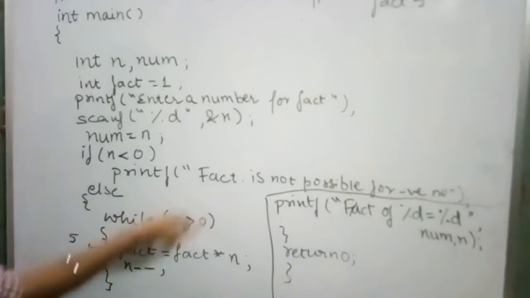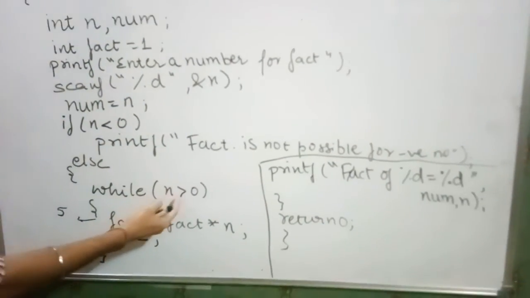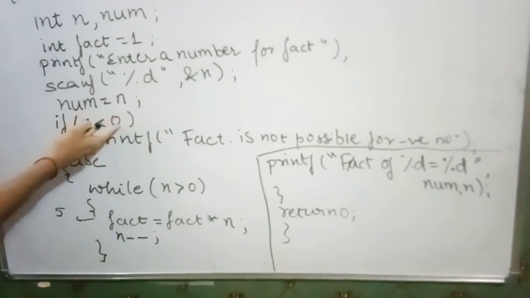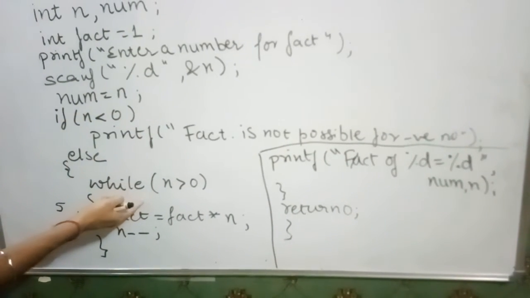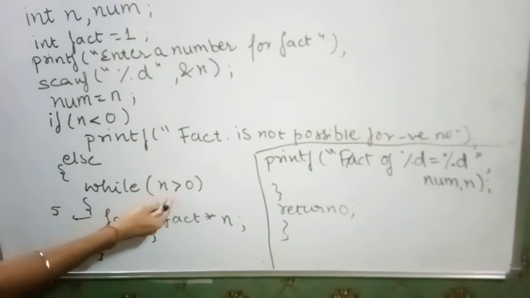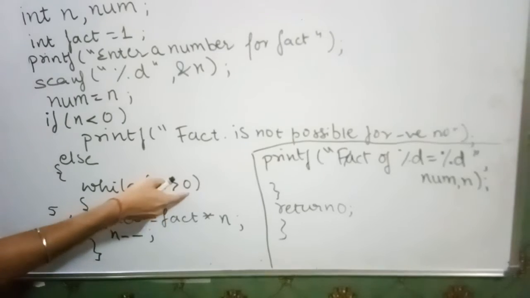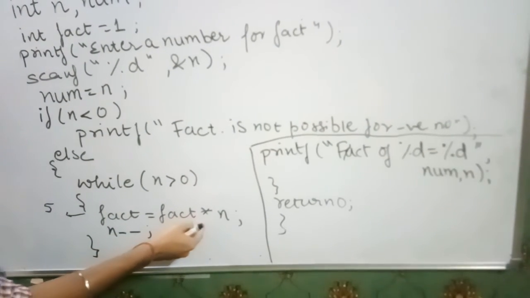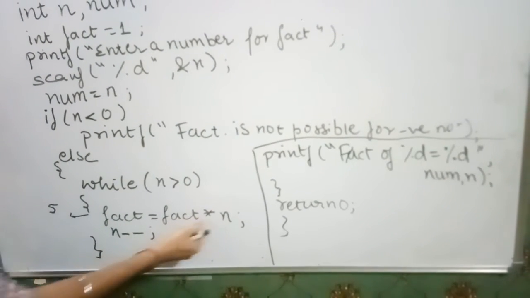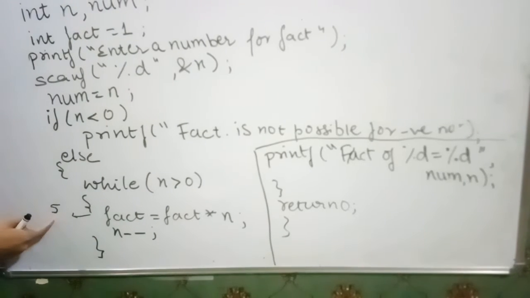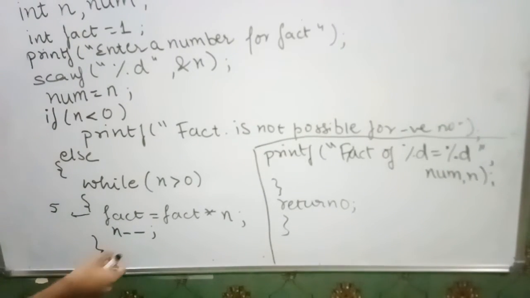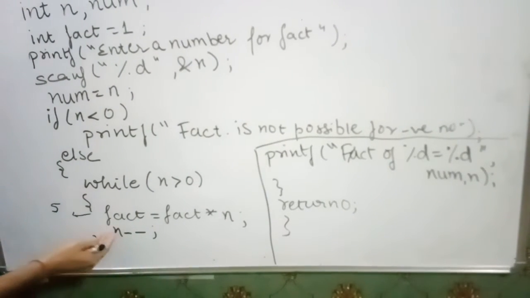So if 5 is less than 0, condition false, it will come to the else part. 5 is greater than 0, condition true. Now fact is equal to fact into n. n is 5, fact is 1, so fact will store 5. So n minus minus, now 5 becomes 4.